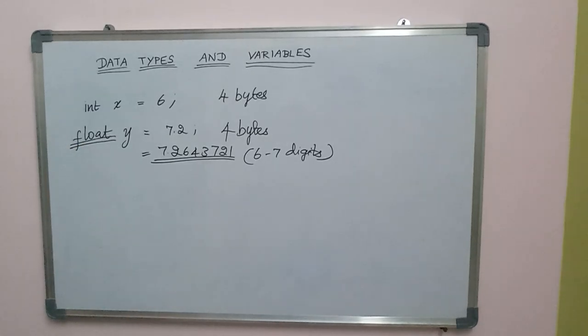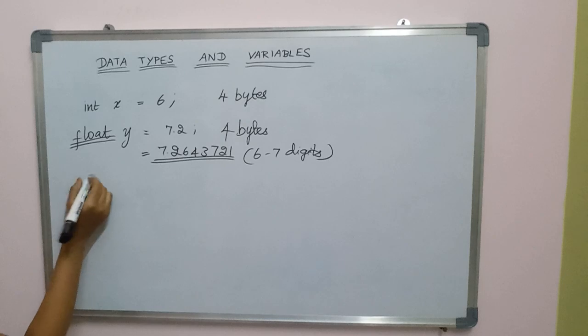Now the next one is double. What should we do if we want to store very large decimal numbers? We have the data type double.